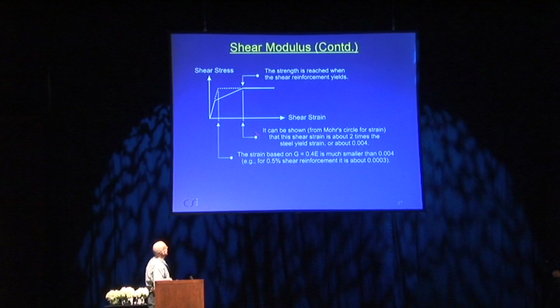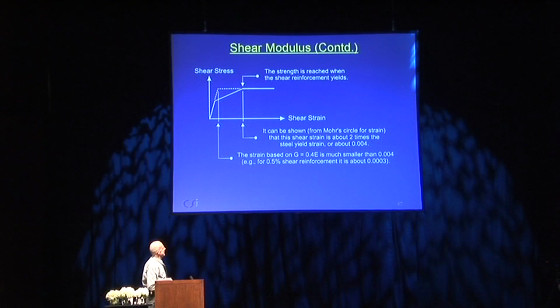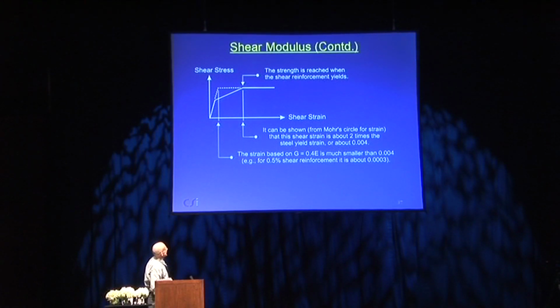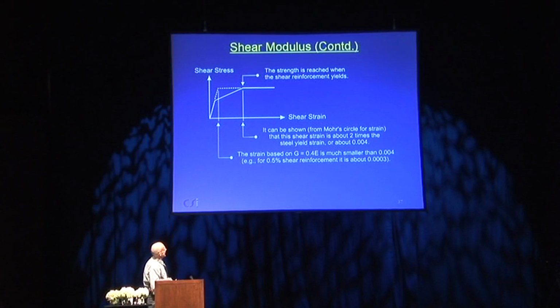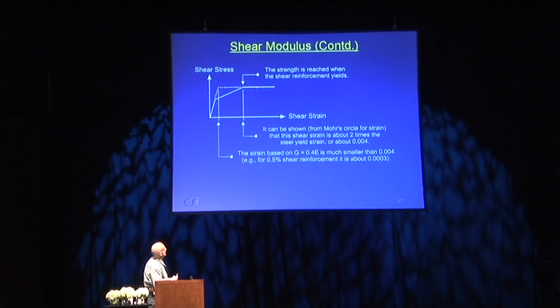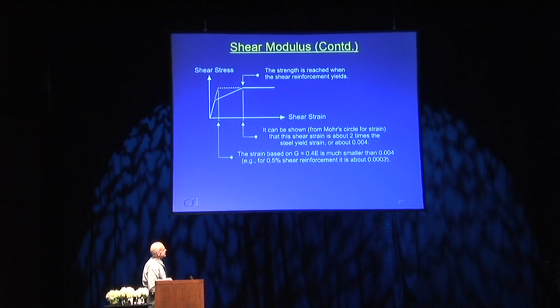Then if you take the shear stress and divide it by 0.004, you're going to get a much smaller modulus. This is correct. The strain that you would calculate based on G equal to 0.4 E would be this strain here, and the yield strength in shear is going to be much smaller than this. It's a tenth or even less of this.